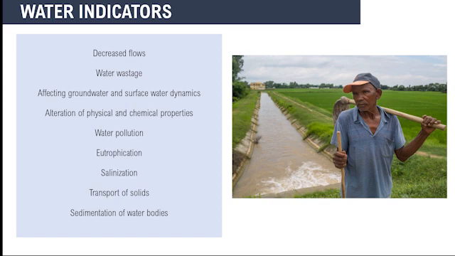The alteration of physical and chemical properties can be another indicator, and the activities that we have mentioned before can lead to this as well. The same goes for water pollution and eutrophication, which means the lack of oxygen in the water. This is something that is happening now, for example, on the coast of Spain, due to the big amount of fertilizers that the agriculture people are using in their lands.